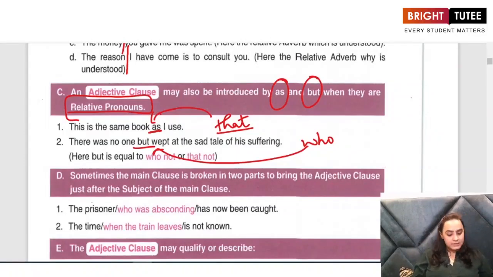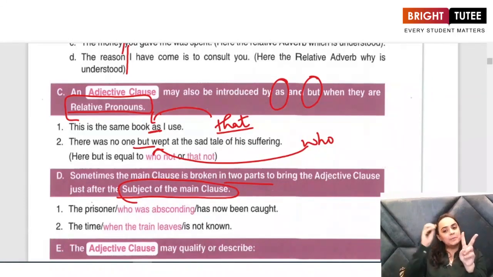Also, sometimes the clause is broken in 2 parts to bring the adjective clause just after the subject of the main clause. There are sentences in which we break the main clause, the principal clause, in 2 parts, so that my adjective clause can be shifted in such a way that it takes the position after the noun.